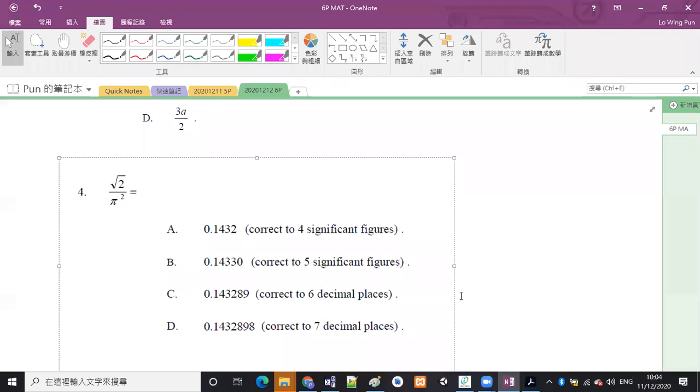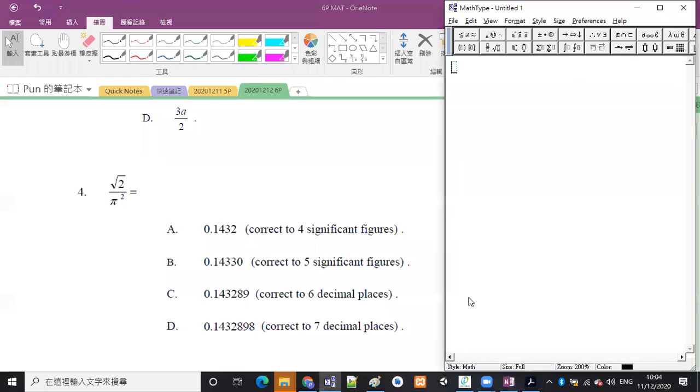It's 0.143289792, right? This is from the calculator, right?